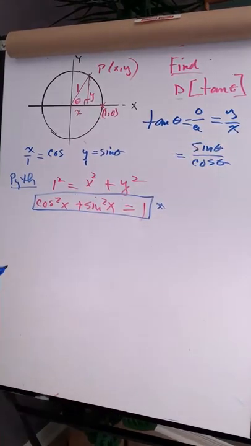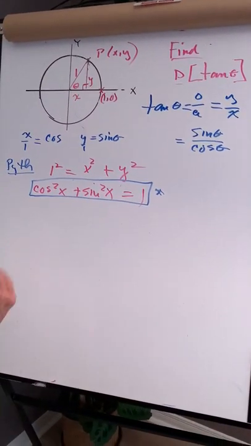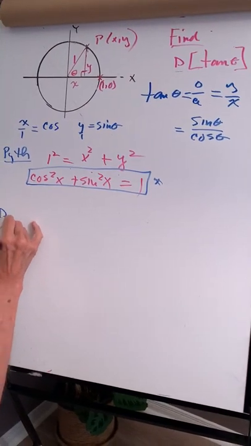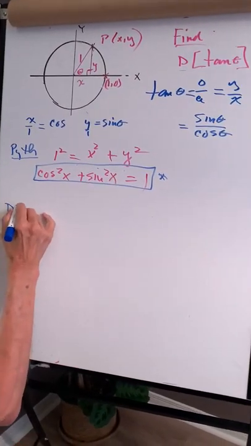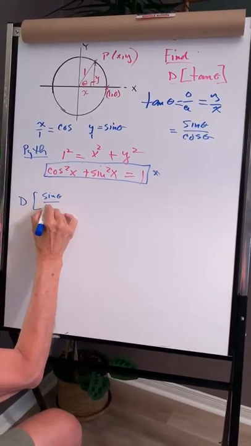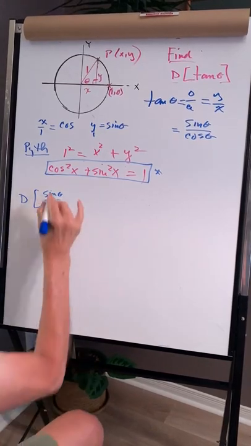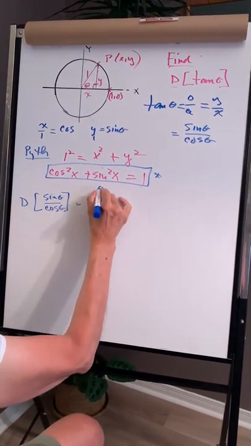Okay, now we have to do this question. So let's take the derivative of tangent, which is the same as the derivative of sine theta over cos theta. Okay, x or theta, same thing. Now, we're going to use the quotient rule.